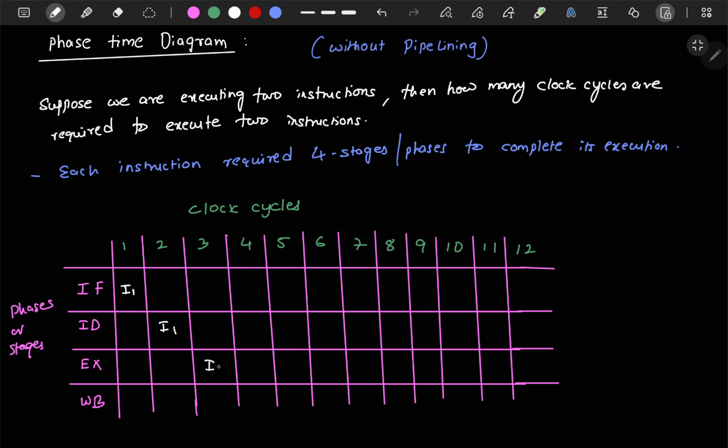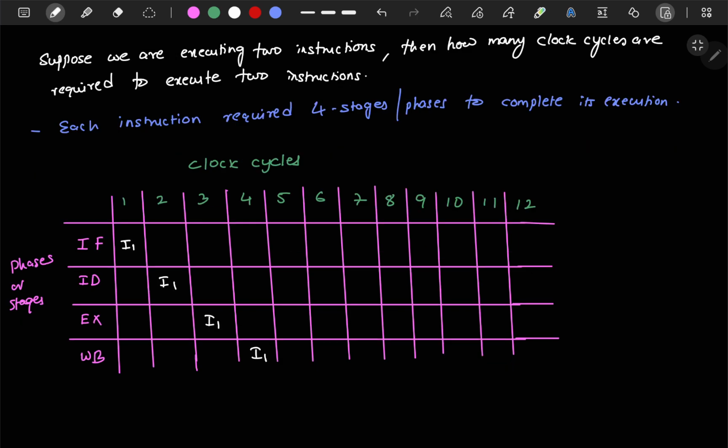Then I1 will move to the execution phase at the third clock cycle, and at the fourth clock cycle I1 will move to the write back phase, right? After this write back phase, I1 will complete its execution.